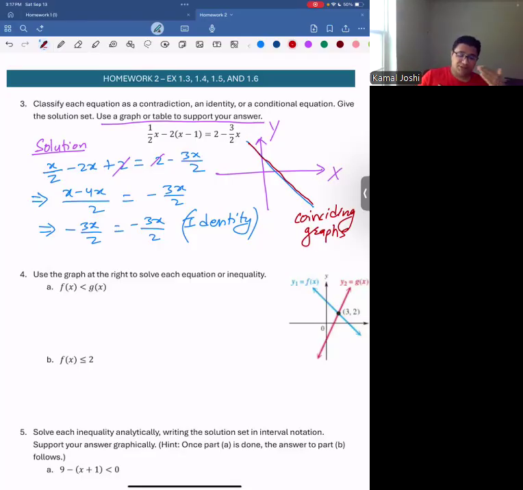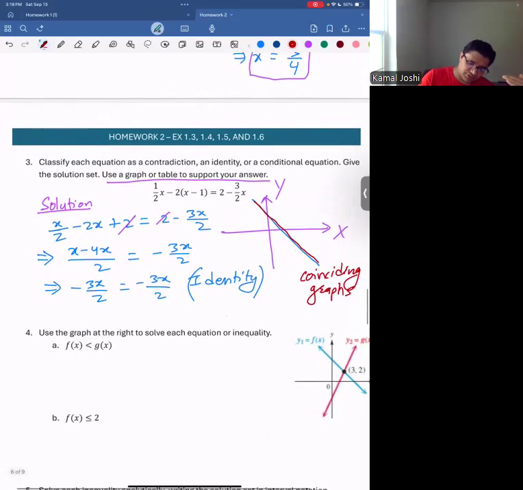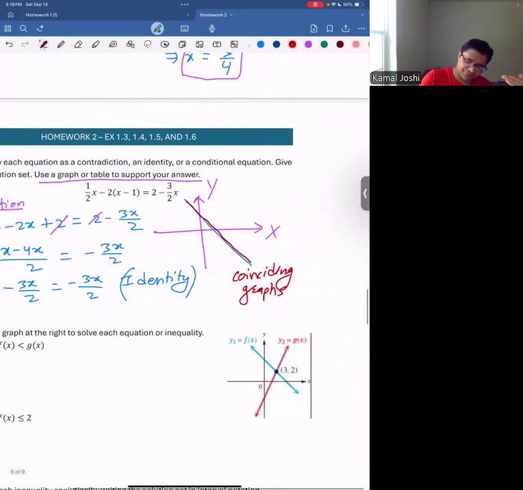If it was a contradiction, you would get, now this is for everybody's knowledge, I'm just discussing something extra, not what the question is asking. I don't know where to draw it. Maybe on the top right here. So if it is a contradiction, you will get two graphs like that.